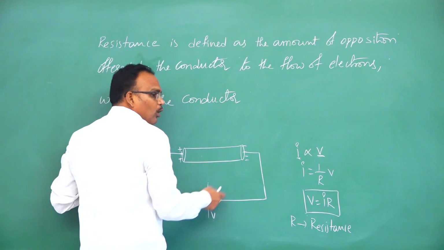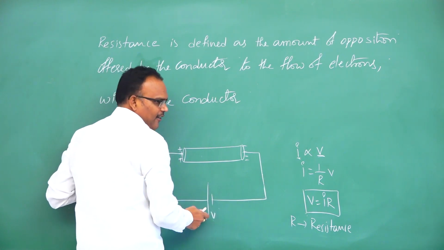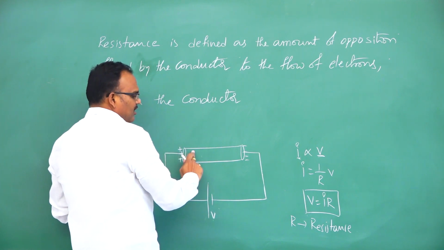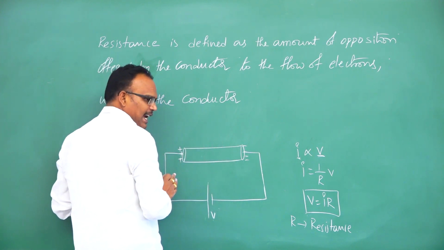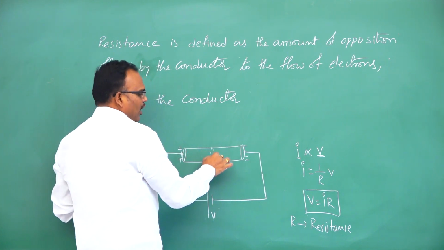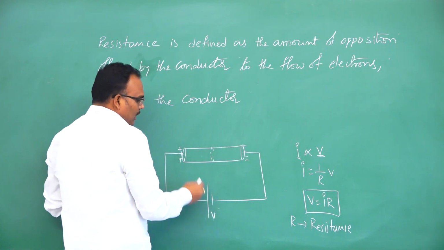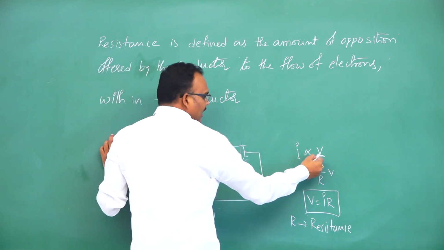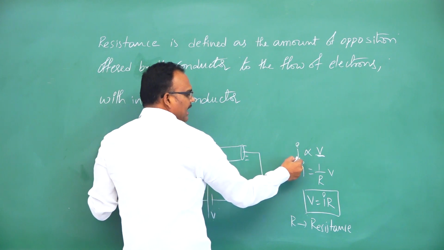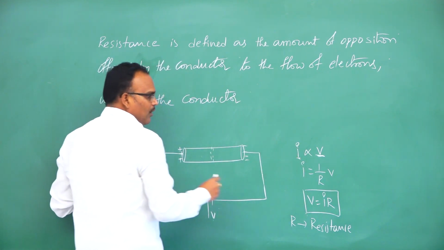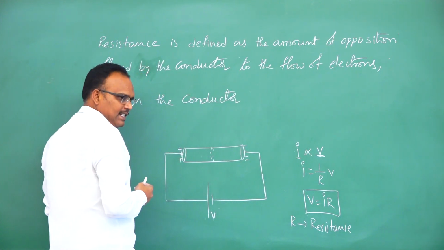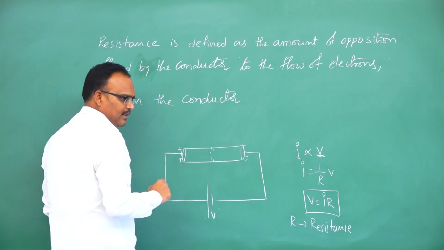If we apply more potential difference, if you connect a 20 volt cell for example, then the polarity increases here, a strong electric field develops inside, so that more charge flows through this area of cross section. So, the terminal potential difference across the conductor is directly proportional to the amount of flow of current in the conductor. If potential difference increases, current in the conductor also increases, or current in the circuit increases.